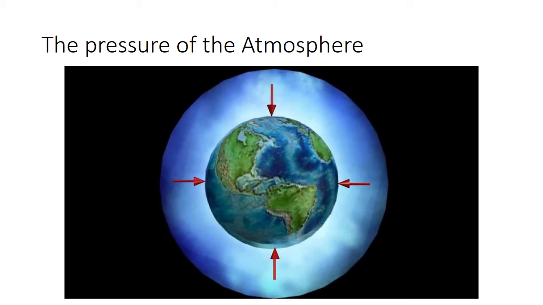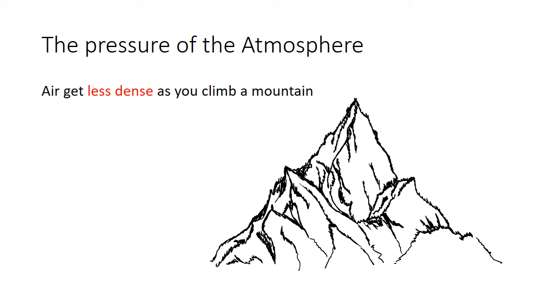The atmosphere puts pressure on you all the time. We live at the bottom of an ocean of air. All this air presses down on us all the time. Air gets less dense as you climb a mountain.